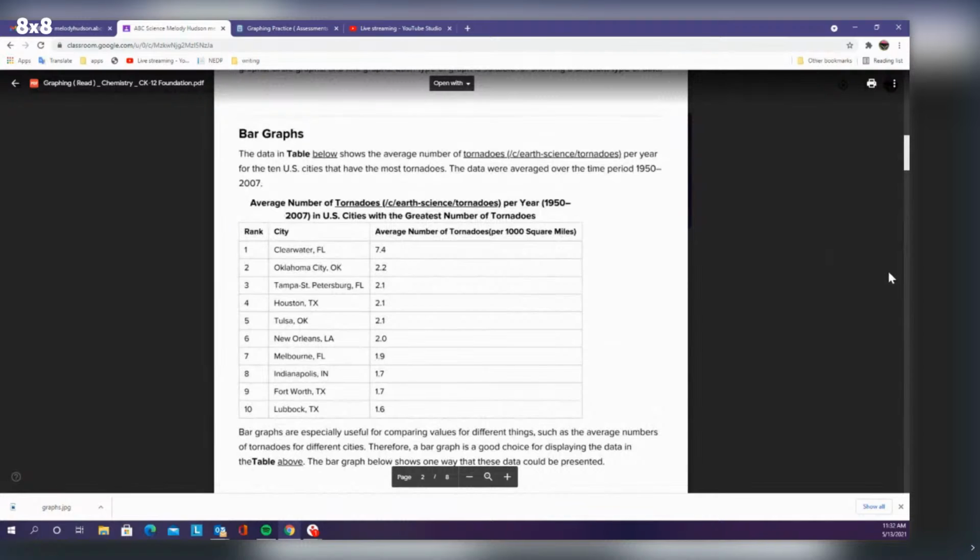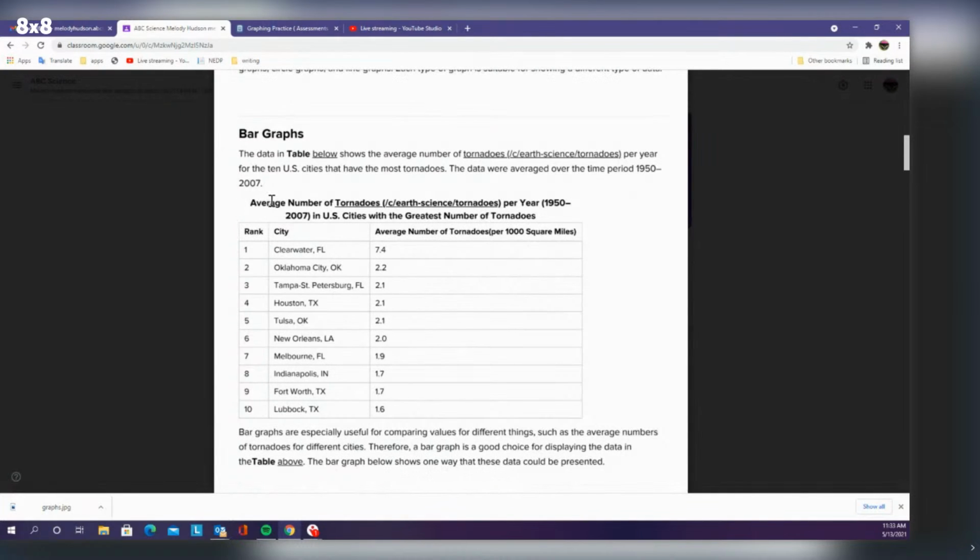So here we go. The table below shows the average number of tornadoes per year for the 10 cities that have the most tornadoes. The data were averaged over the time period 1950 to 2007. So let's always, when we look at a graph, read the title. We're looking at the average number of tornadoes per year during the time period 1950 to 2007 in cities with the greatest number of tornadoes.